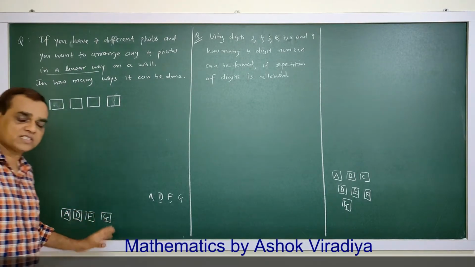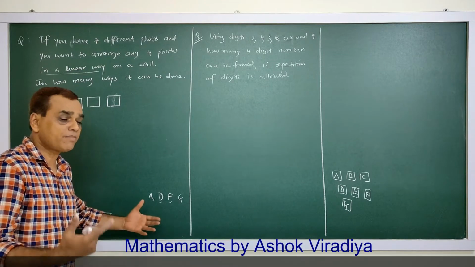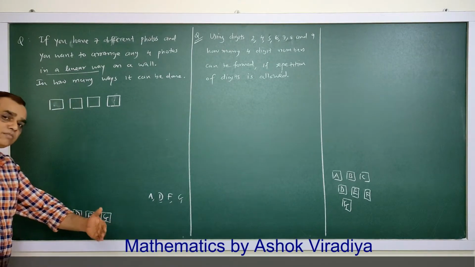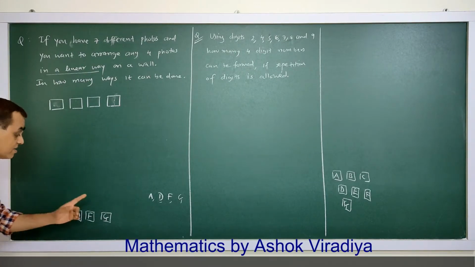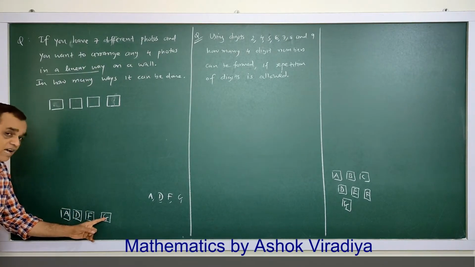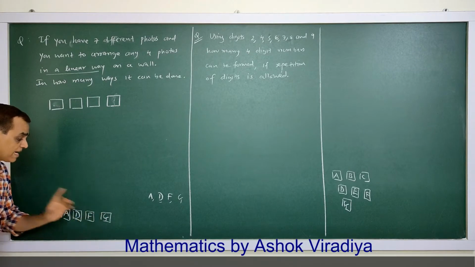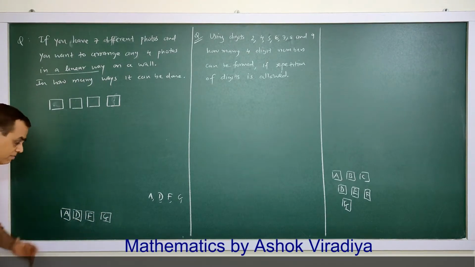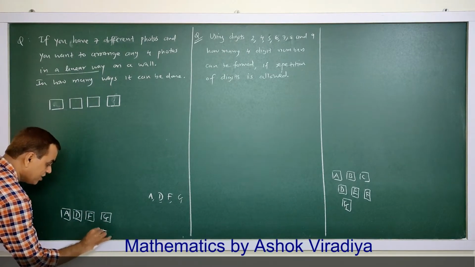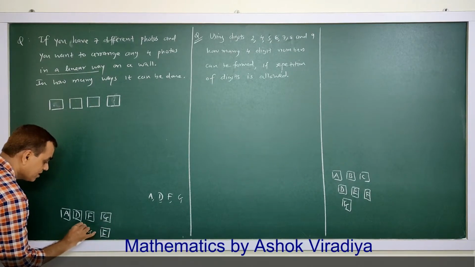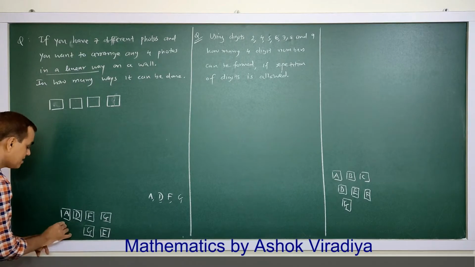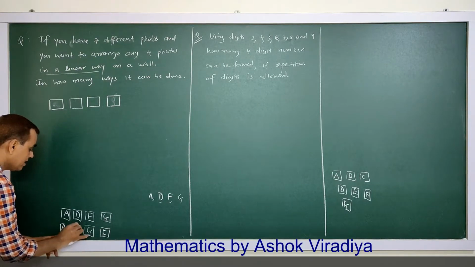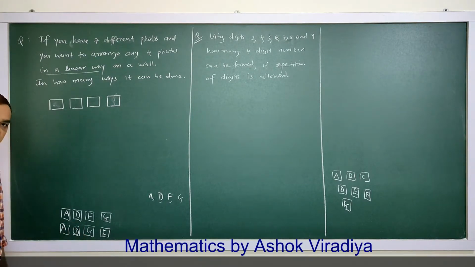This is your choice. But it may be possible that another family member suggests that at the last F looks better. So another member wants to arrange in this way. That member likes F at last, A at first, B at the second place.